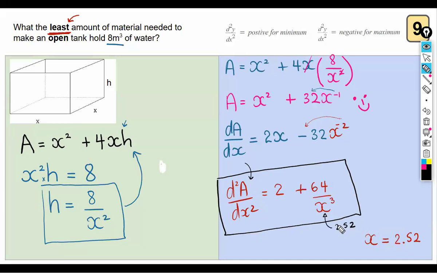So we're going to enter the 2.52, work this entire thing out, and then ask ourselves now, are we getting a positive value or a negative value? So replace the x with 2.52, work it out, and let me know if it ended up with a positive value or a negative value. It should be obvious what kind of value you're going to get, but do it just in case.